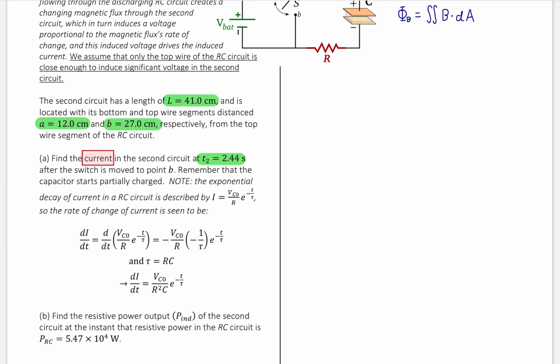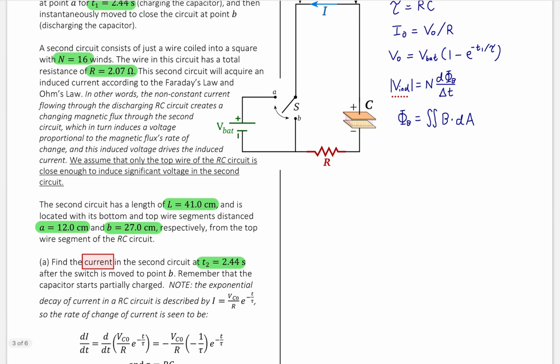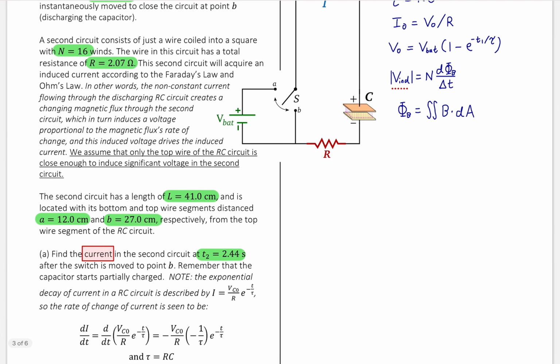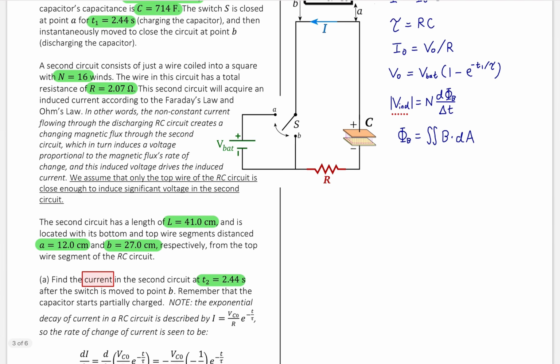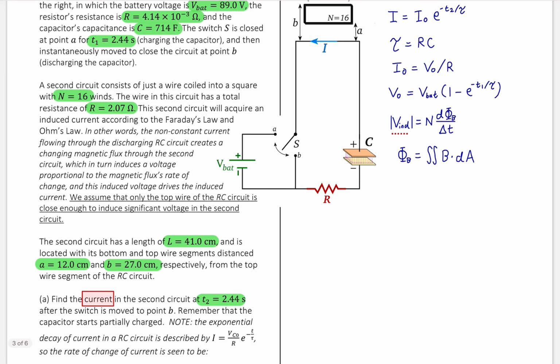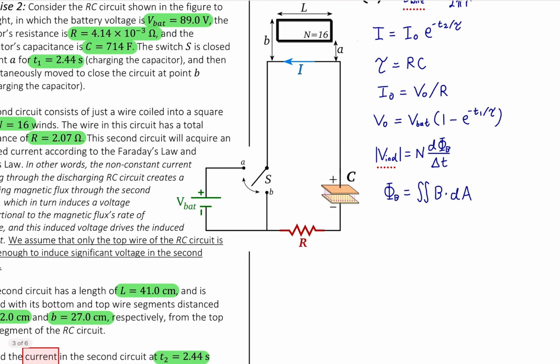All right, great. Well, let's get to it. And one last equation, since we are finding the current and not just the voltage that shows up in the inductive circuit, we are going to need Ohm's law. We already have a version of it, but we need a slightly different one.